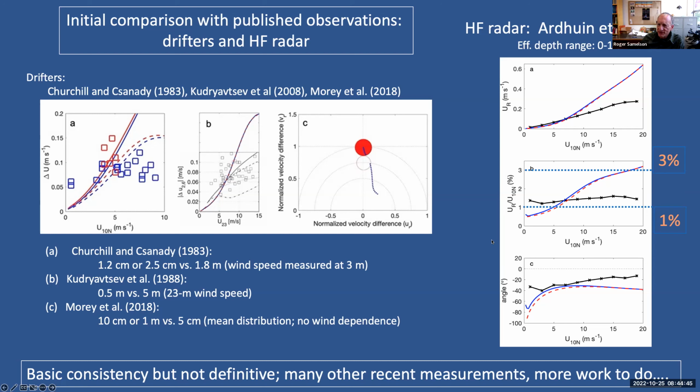But there's a bit of confusion for me here, because the observations seem to show a tendency towards more downwind velocity at these higher wind speeds, as well as the lower percentage, which indicates deeper mixing.